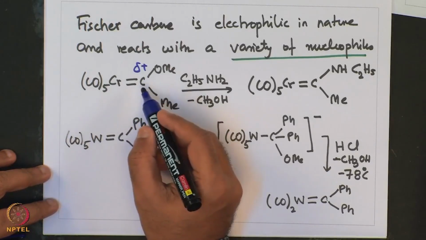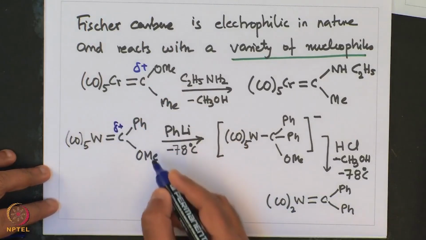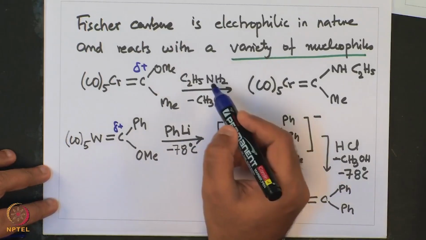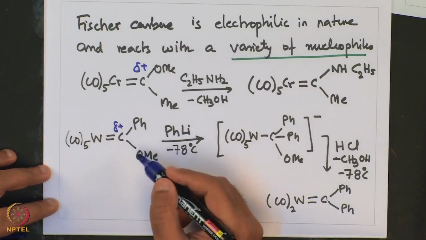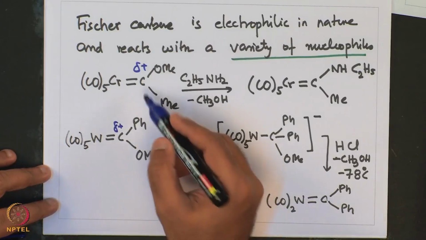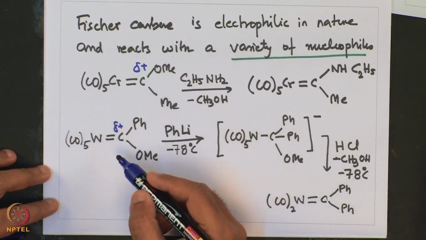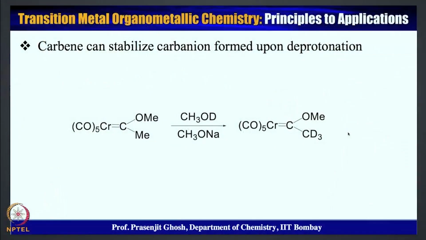As a result, there is always a positive charge on the carbene, which is the reason for the nucleophile attacking the carbenic center. This is a very important feature of Fischer carbene: the carbon is slightly positively charged, and that allows it to react with a variety of nucleophiles the way it is shown here.